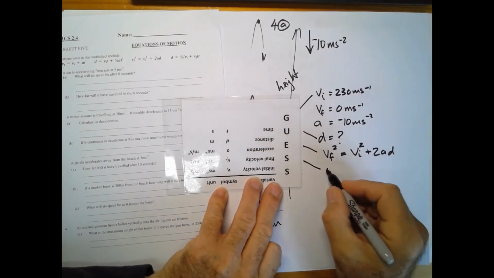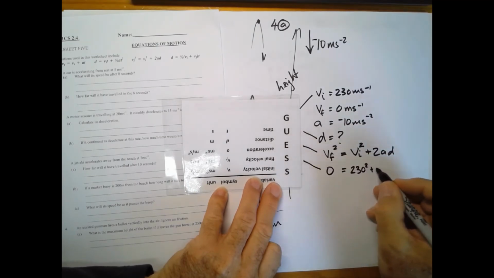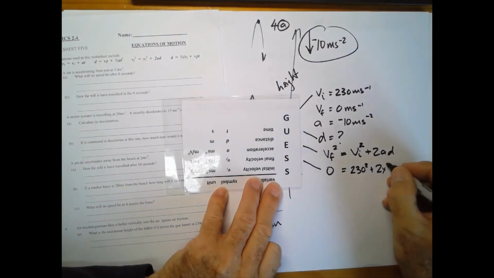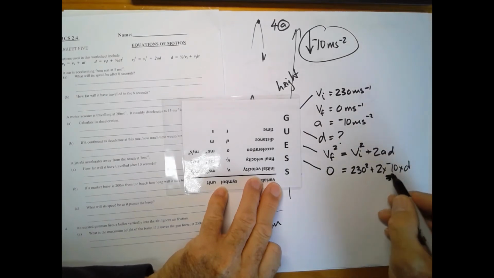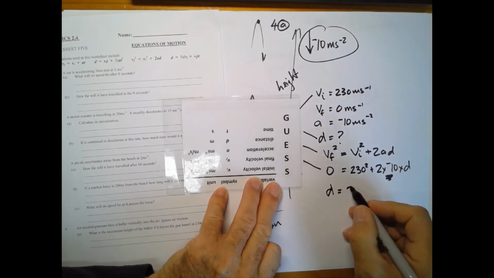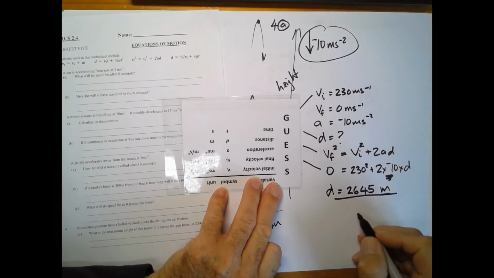Final velocity is 0, initial velocity 230 squared, plus 2 times acceleration. Acceleration was negative 10, 2 times negative 10 times the distance. Note that the acceleration is negative, so we've got to multiply 2 times a times d, 2 times negative 10 times d. And we can solve that equation, and we end up with the distance equal to 2,645 units, again meters. So that's how high it would fire.